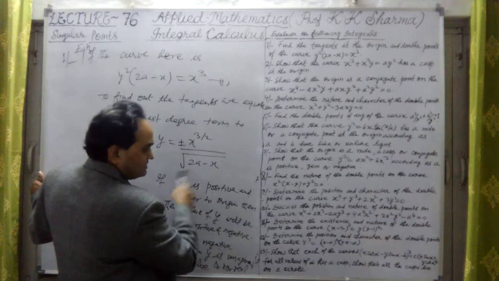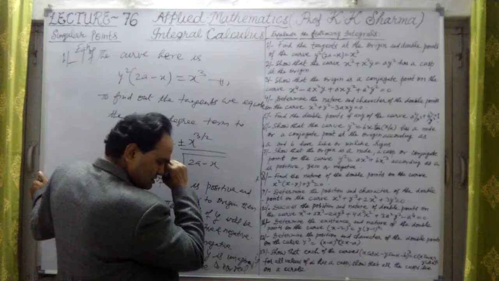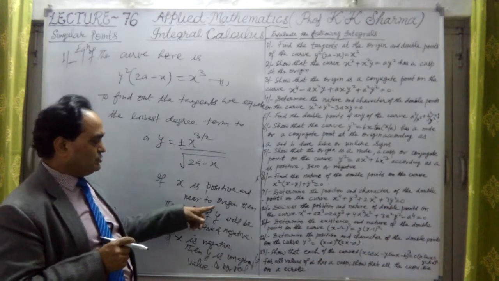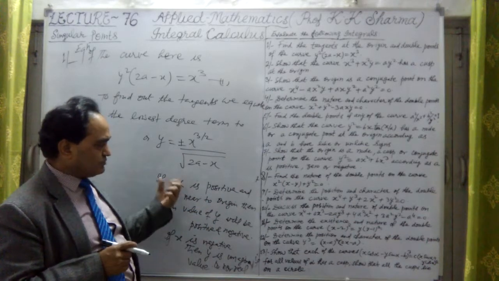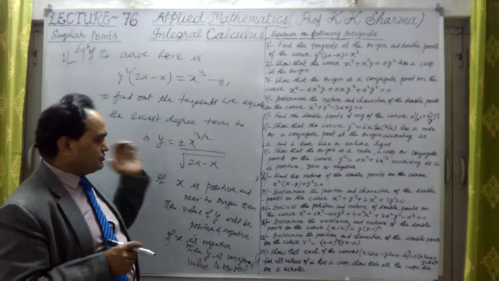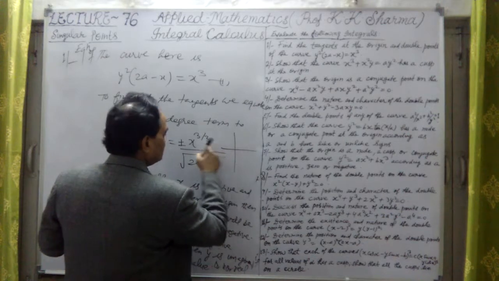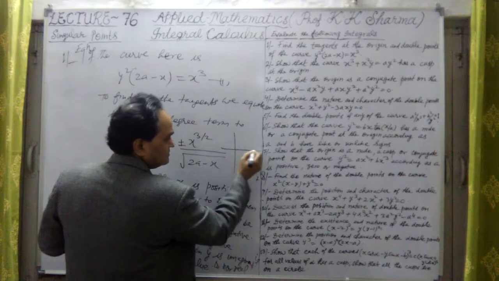But if x is positive, then there are two different values, so there will be a node here. That cusp will be of a node type, because there are two different points, one positive and one negative, lying on this curve. So this cusp may be of a different kind. This y is positive and negative, so the x-axis here is the tangent line.